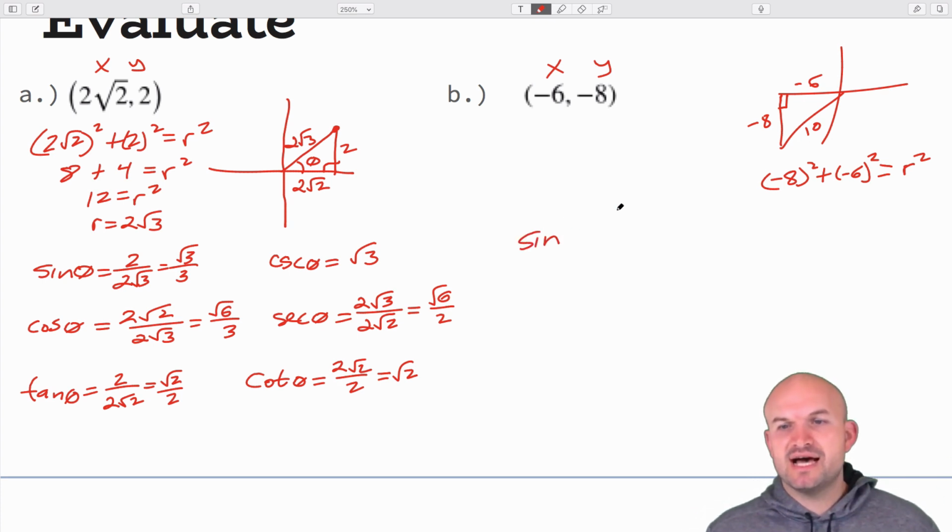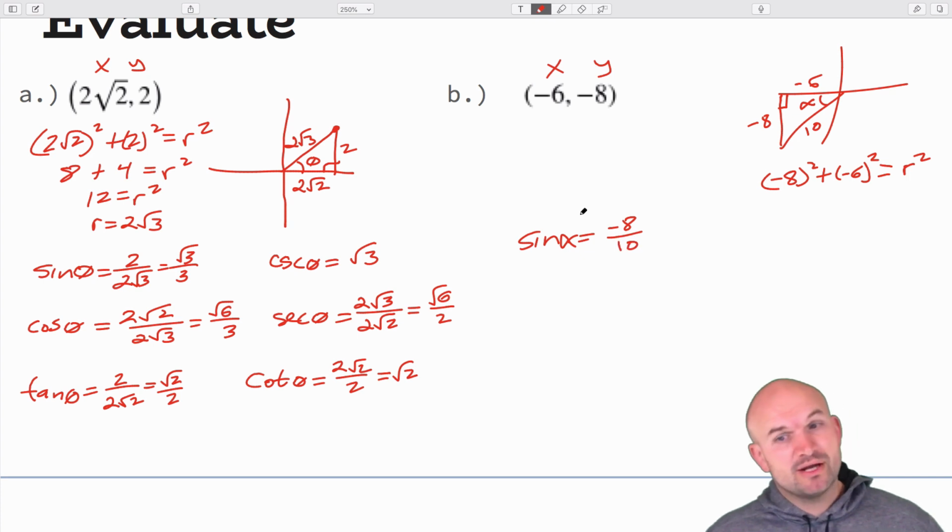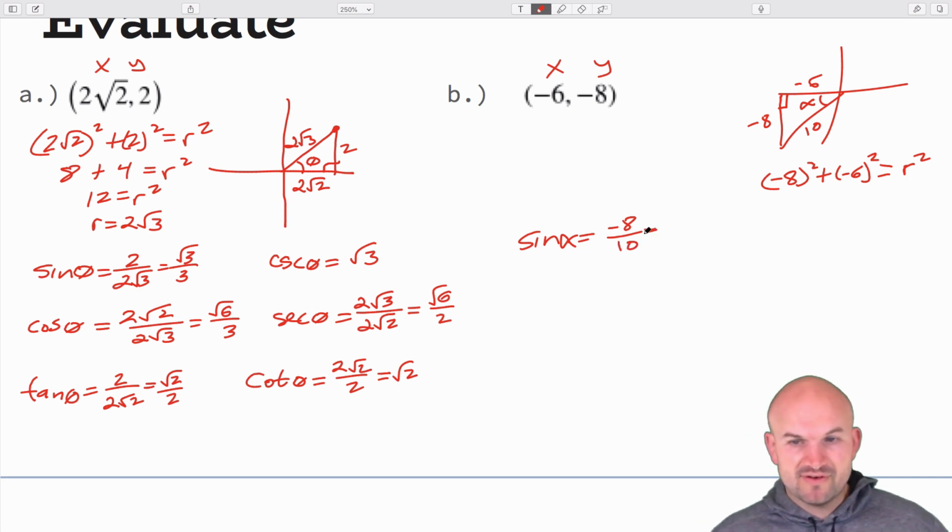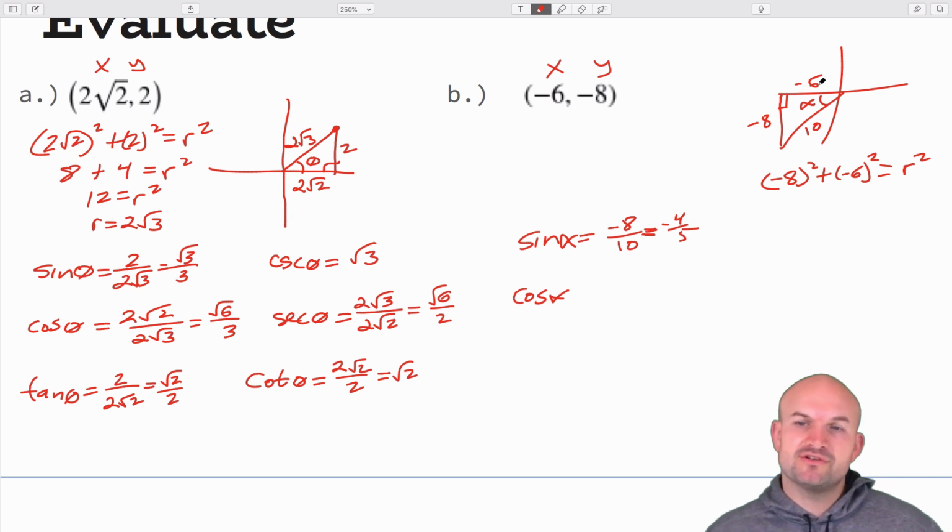So the sine, let's call this one different. Let's do this one as alpha. So the sine of alpha is going to be -8 over 10. And again, we want to reduce these fractions, right? We can simplify these fractions. So dividing the top and bottom by 2, that's going to be -4/5. The cosine of alpha is going to be adjacent over hypotenuse.